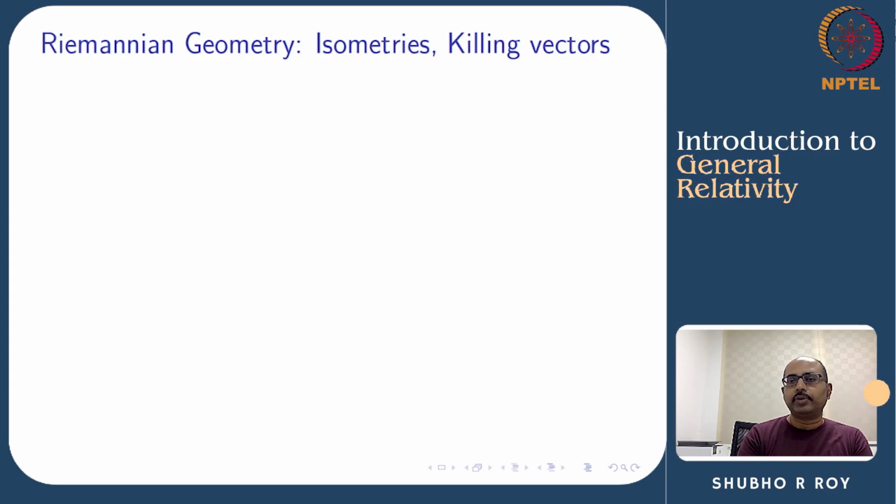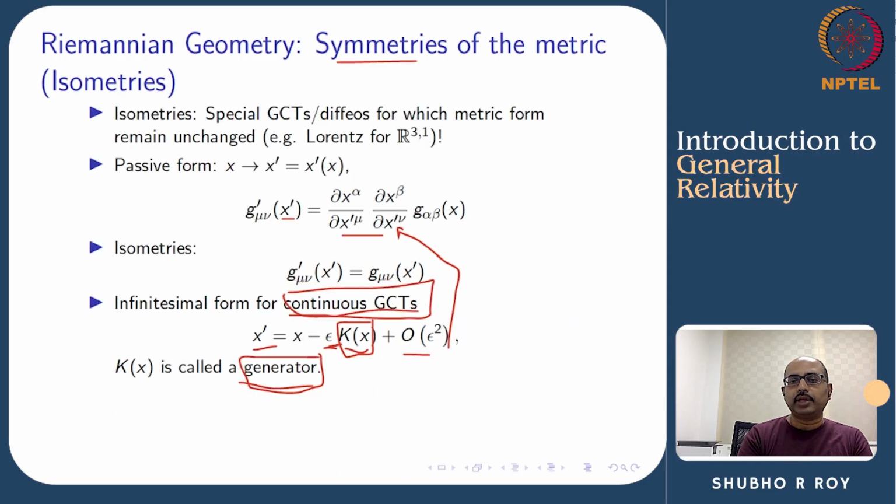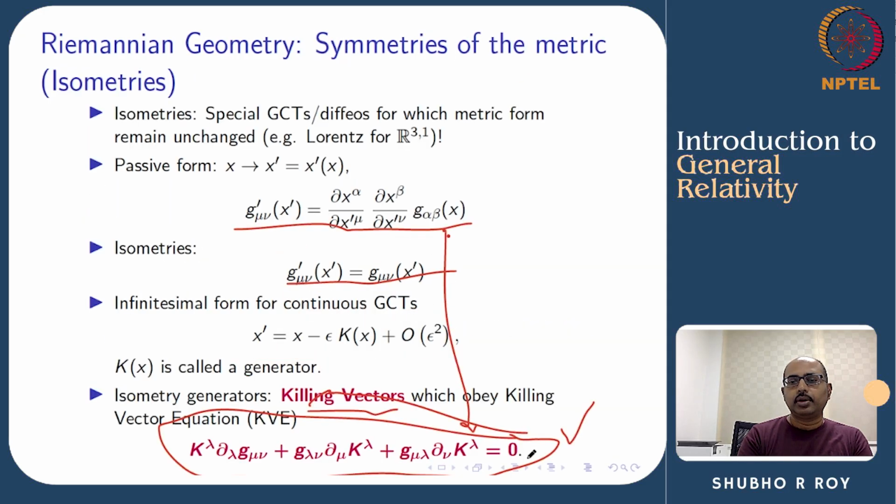Let me go back to the Killing vector equation to show why this is very obvious. As you can see here, these two terms will vanish because the component is 1 and the derivative of a constant is 0. The third term will also go to 0, because this component is non-vanishing only for the coordinate alpha, but the metric components are independent of the coordinate alpha.